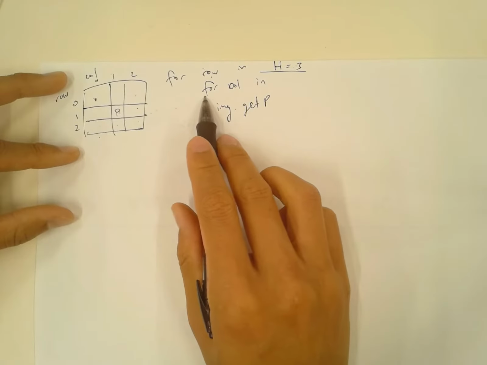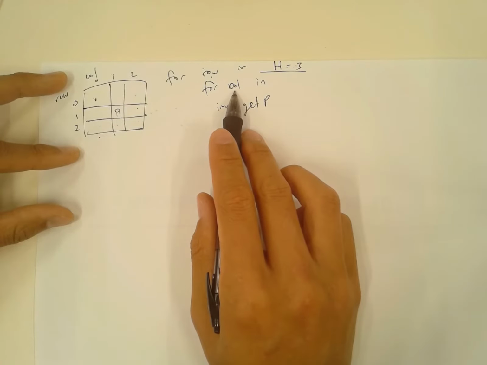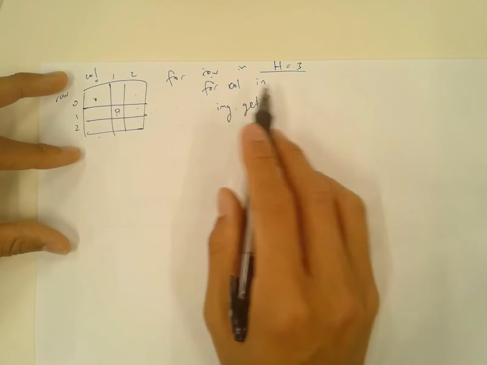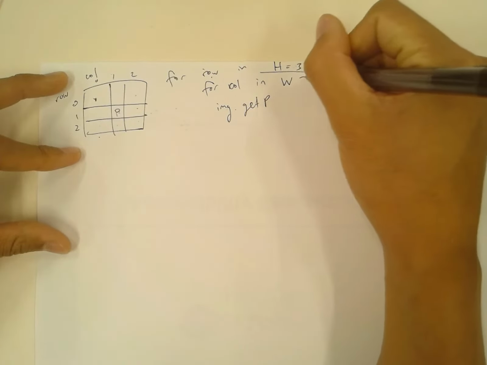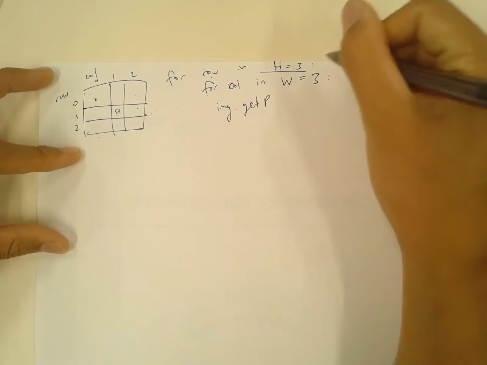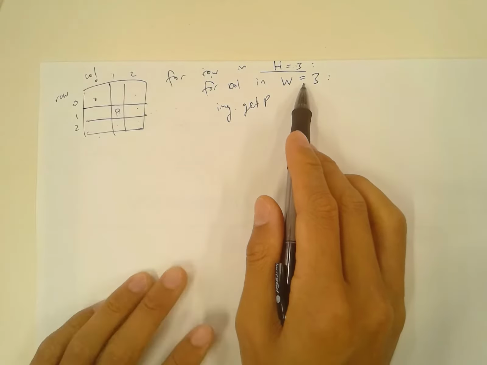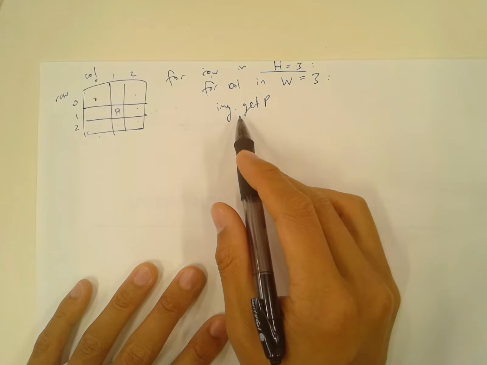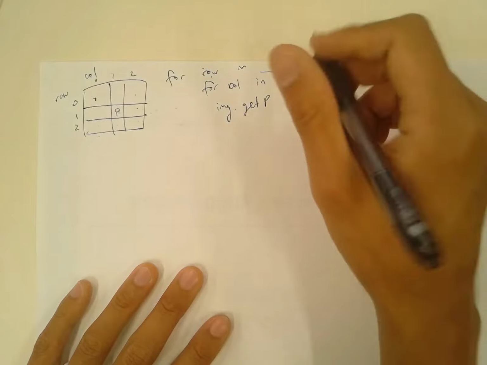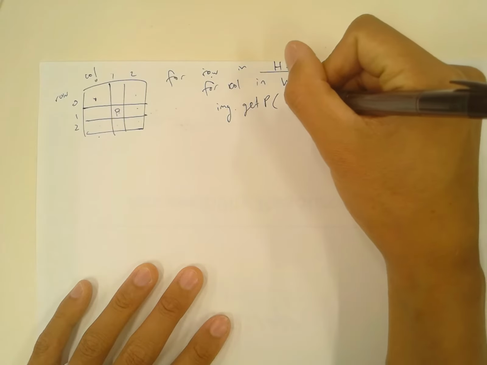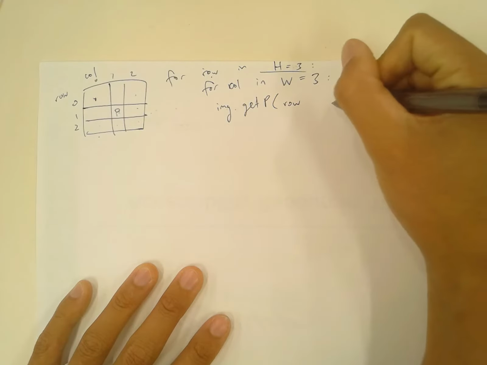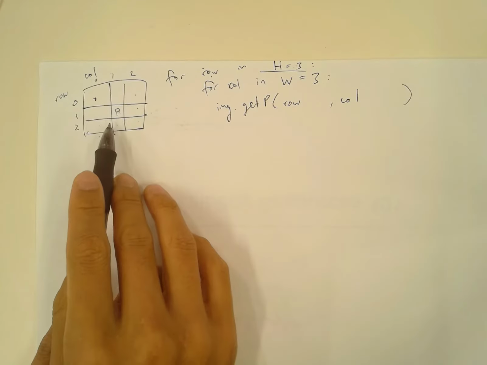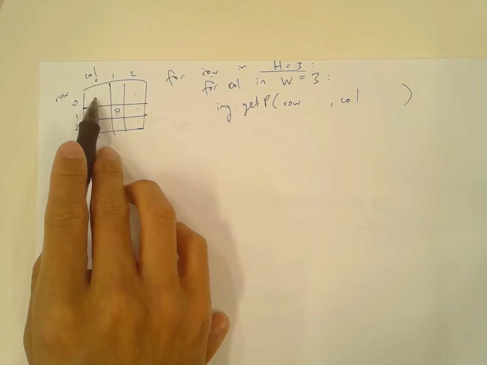And then it comes into the body of the for loop and it creates a col variable and sets col equal to 0 and checks if col is less than the width of the picture. In this case it's 3. That's true. And then we come into the body of the nested for loop, or the inner for loop, and we're doing image.getP, right? And so we'll get p at row, column, right? And that would get this pixel here, right?